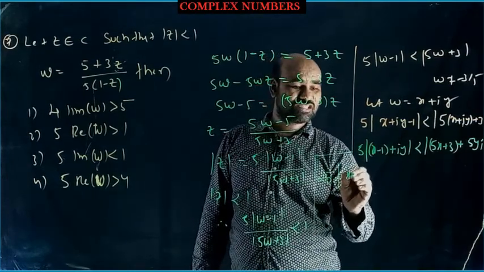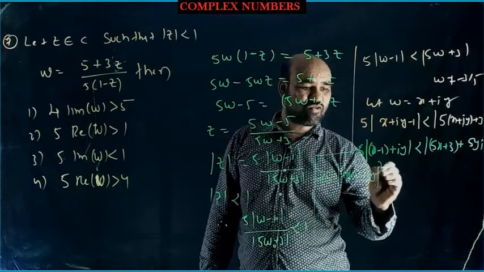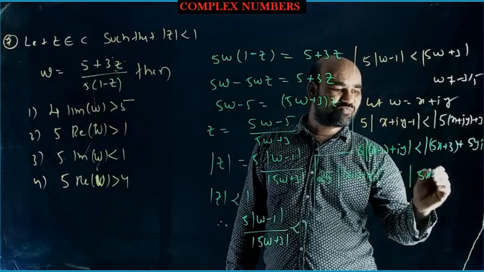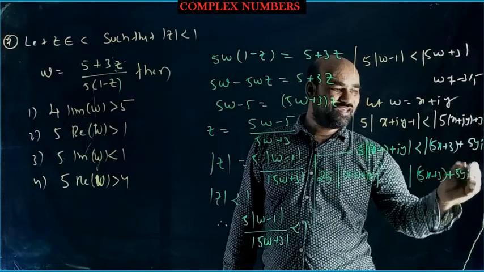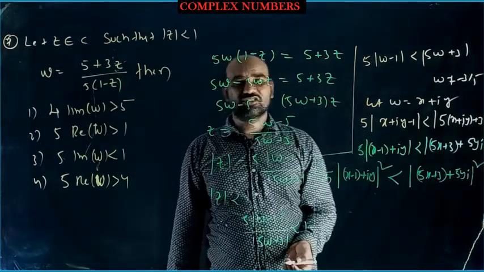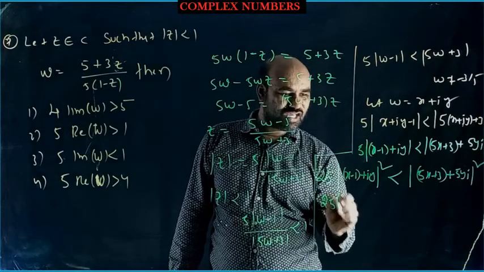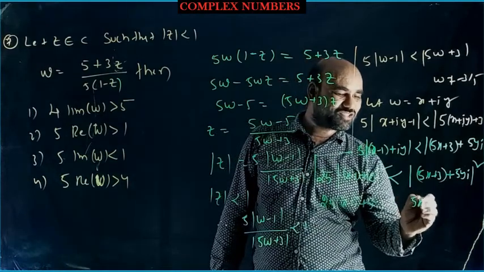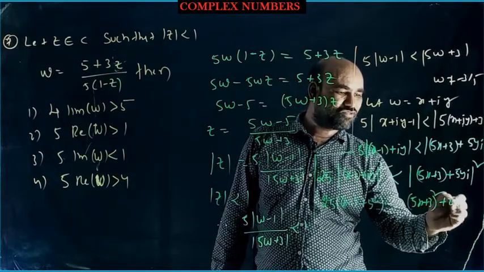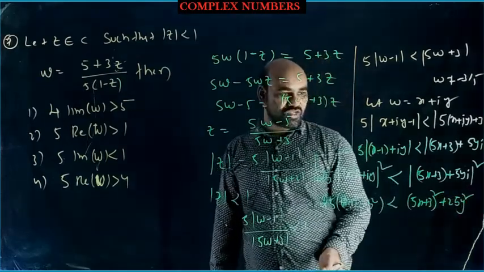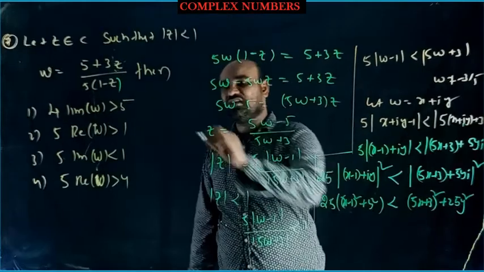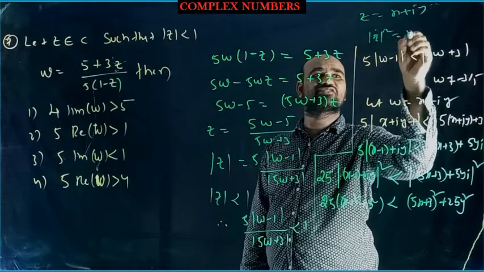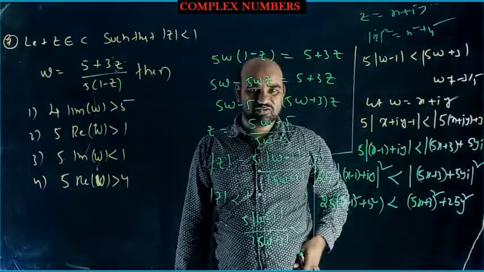So squaring, 25 times mod of x minus 1 plus iota y, squared, is less than mod of 5x plus 3 plus 5y iota, squared. Already you know that mod z square means x square plus y square only, real part square plus imaginary part square.